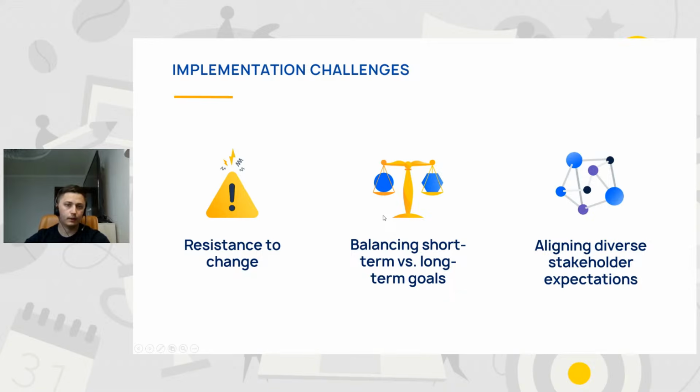Balancing short-term and long-term. When you introduce a product approach, you may have some sort of temptation to focus on solving some minor things, but you should try to find a balance between long-term goals and short-term goals. What does it mean?